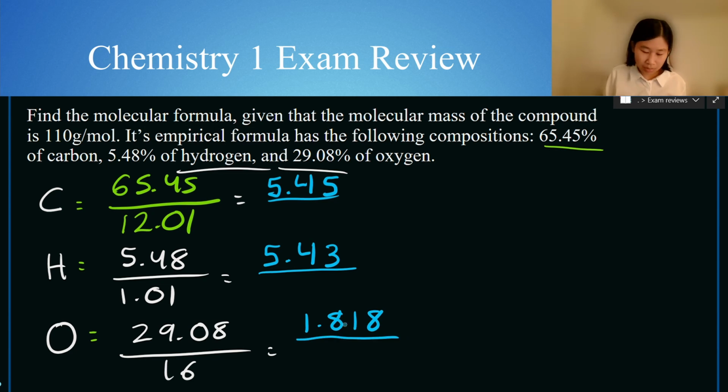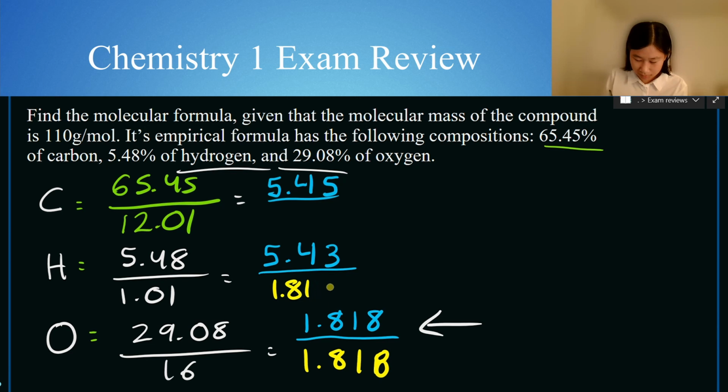Our next step is to look at the numbers in blue that we just found and ask which is the smallest. What we're going to do with this smallest number is put it in the denominator of all of these new blue fractions. We'll put it under every one of these fractions, and then we have some more fractions to solve.